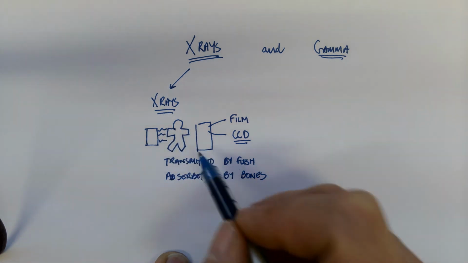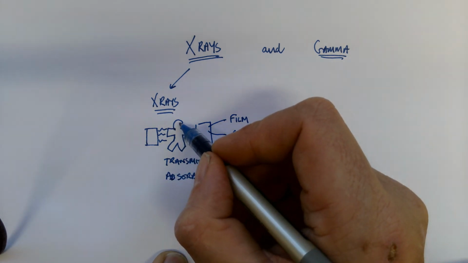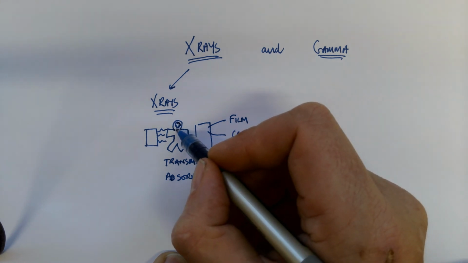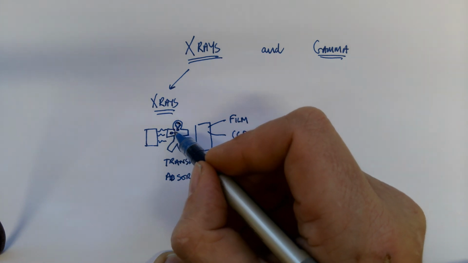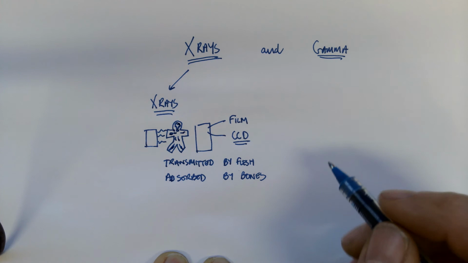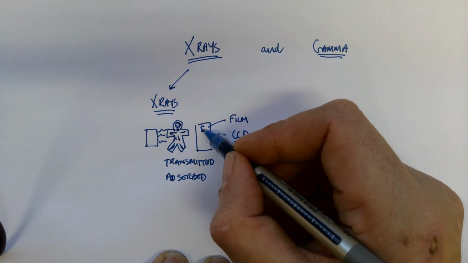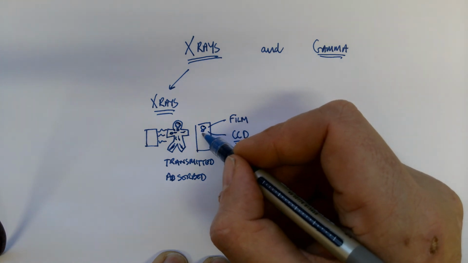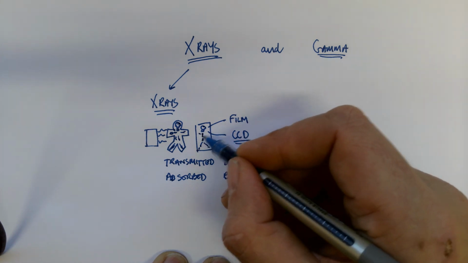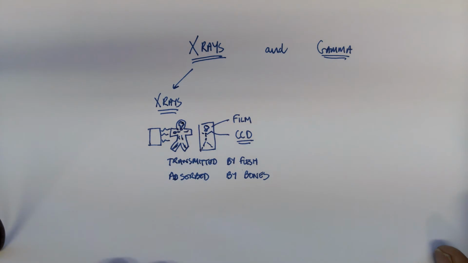And that bit is made to go black. But the bits that hit your bones get absorbed, so it basically casts a shadow of your bones onto the film. Now that's a pretty awful drawing, but hopefully you get the idea.